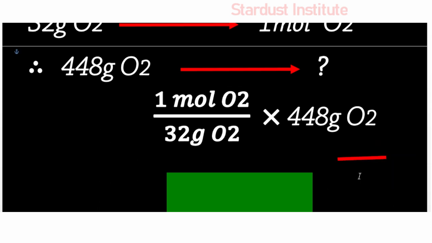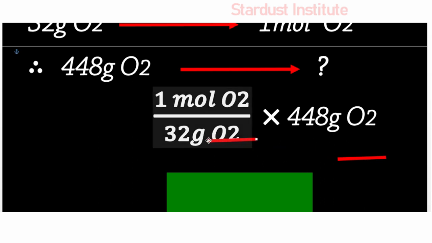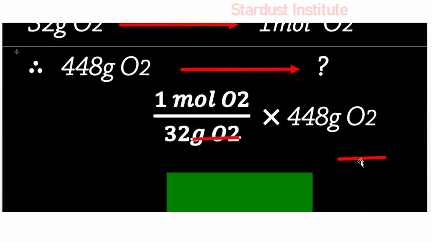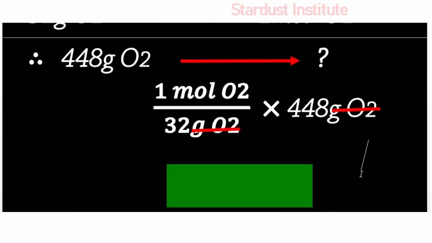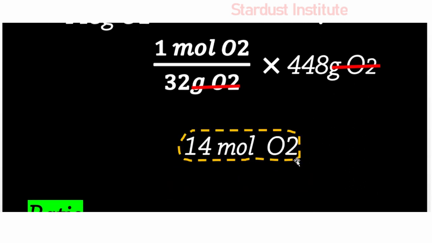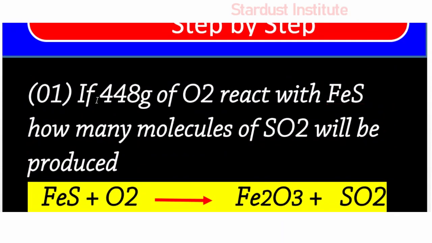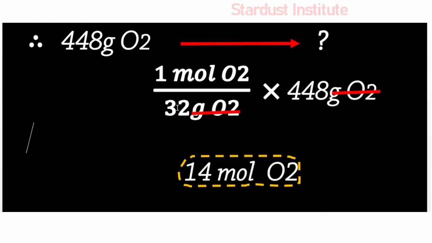We should cancel out units: gram O2, gram O2. Then we get 14 moles of oxygen. This 448 grams of oxygen means 14 moles of oxygen.